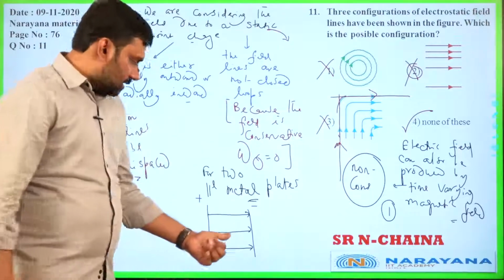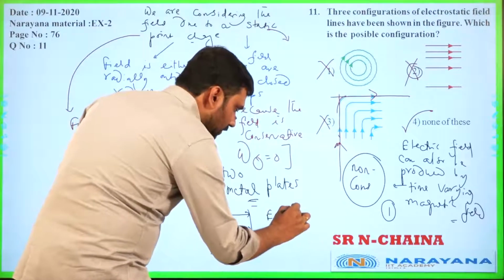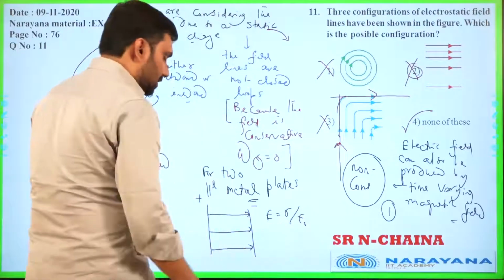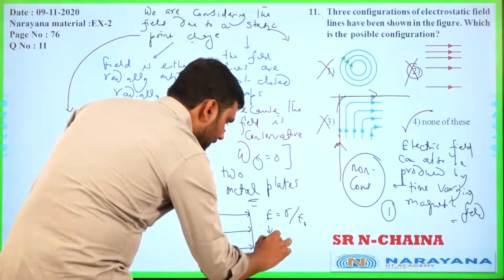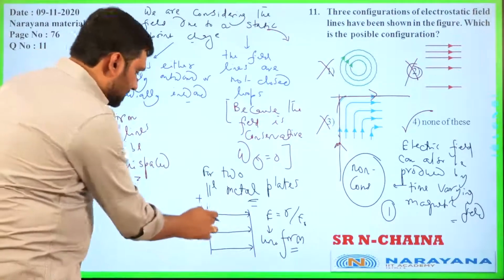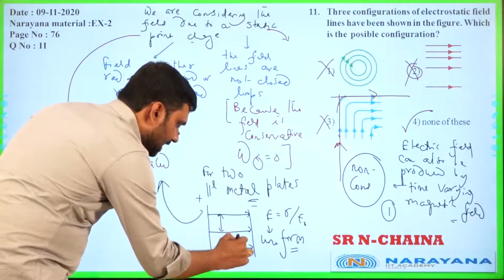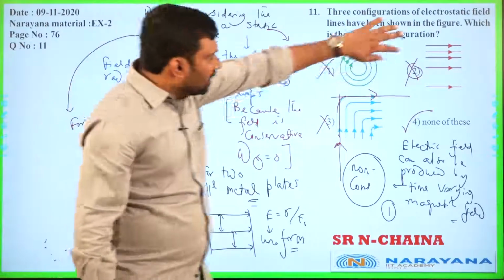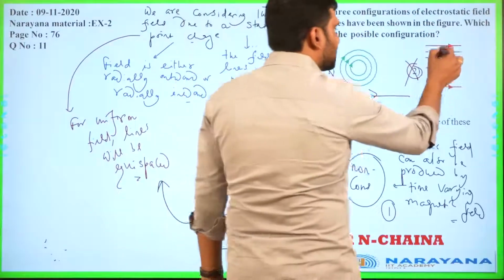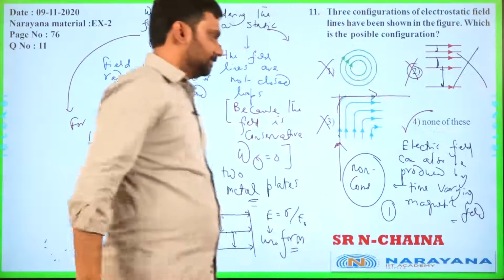But remember, this field is uniform. It has the magnitude of E equal to sigma by epsilon naught. If it is uniform, the distance between the lines must be equispaced. You check, this gap and this gap are the same. The problem with this option is that these gaps are changing. They are increasing, so hence it cannot be the answer.